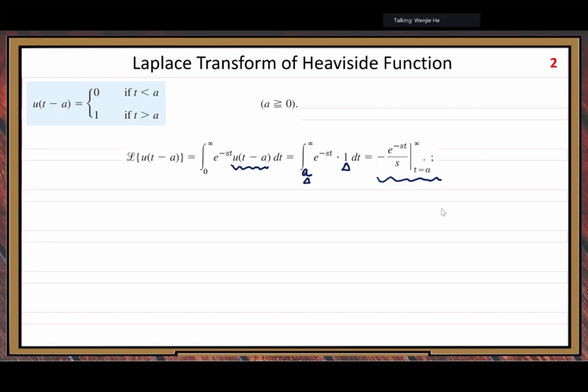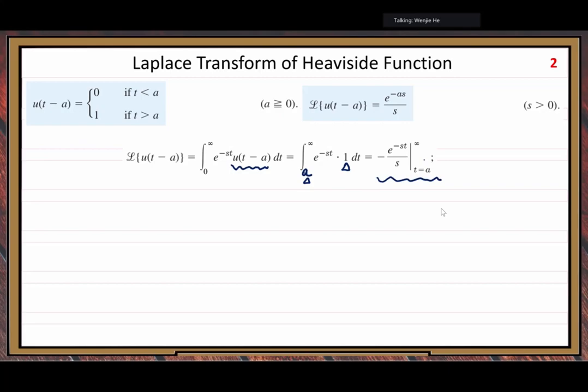Now, in our Laplace transform, our s is positive. So e to the negative st, its limit is 0. So then, you can see, the formula is this: e to the negative as over s. Laplace transform, very simple.